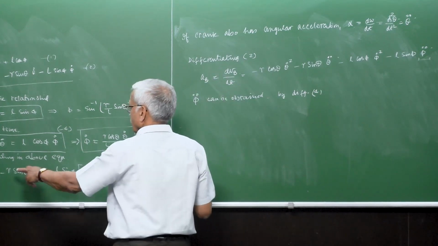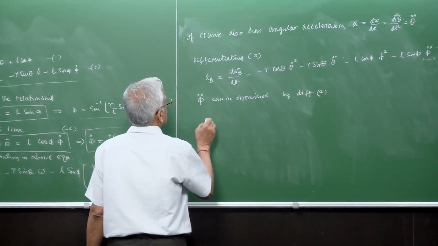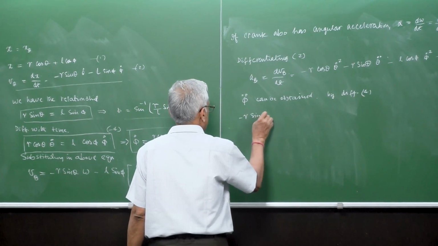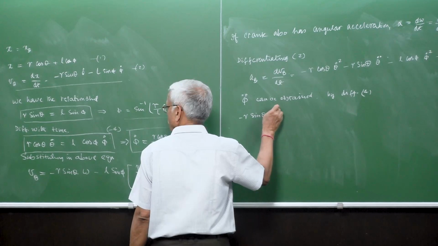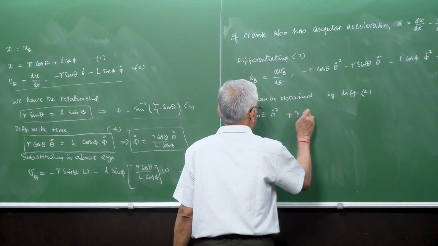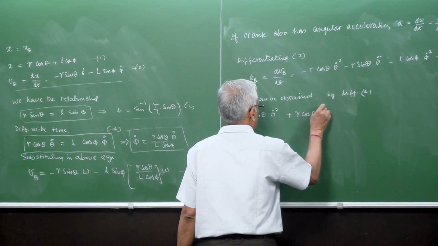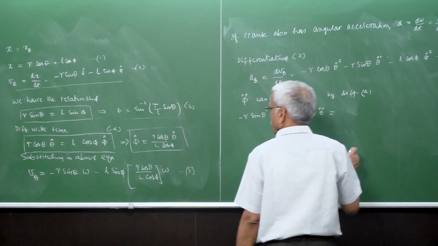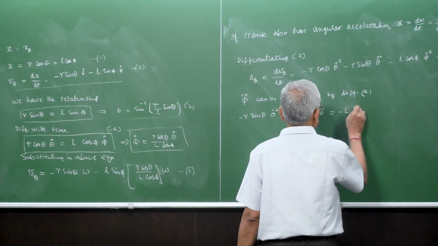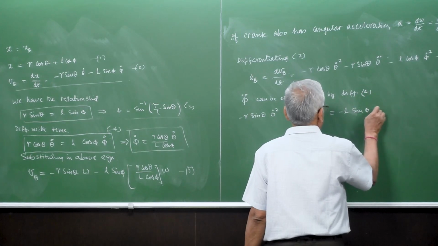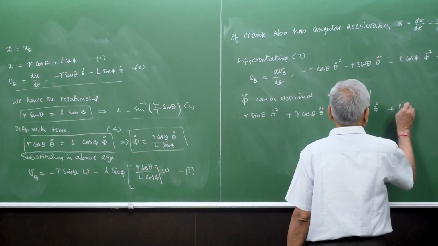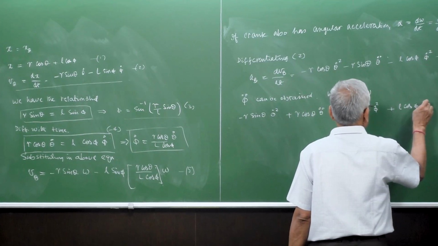So what we have here, then you take this again. It is nothing but minus r sine theta, theta dot square plus r cos theta, theta double dot on this side, and we have all minus sine phi dot square plus cos phi.